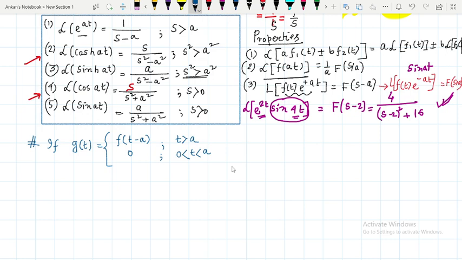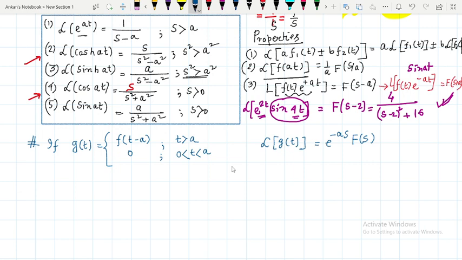In that case the Laplace transformation of g(t) will be e to the power minus as times F(s). How can you prove this?